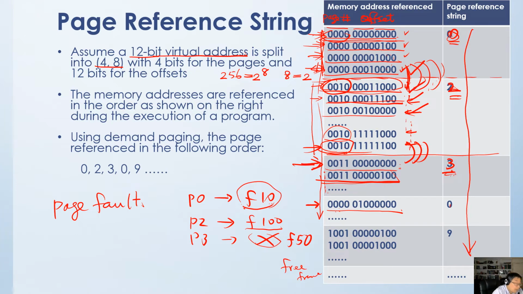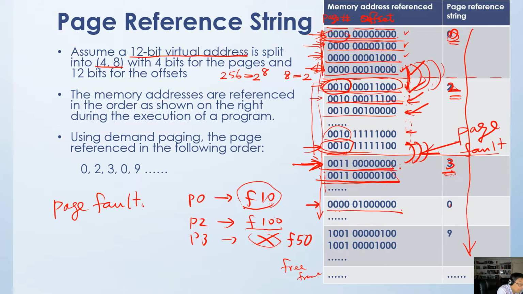There's no page fault anymore, right? Because page 3 is already in the physical memory. So basically, a page fault happens only the first time an instruction in this page is executed.